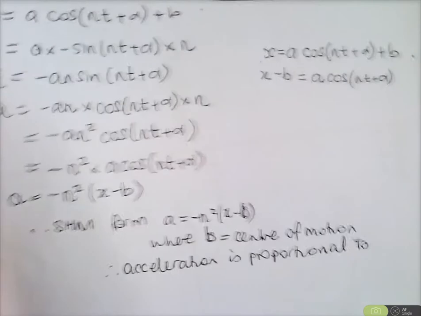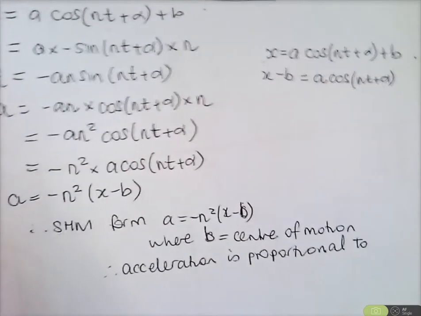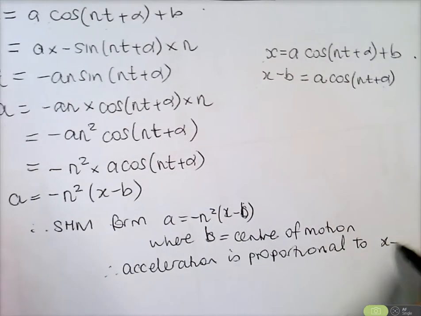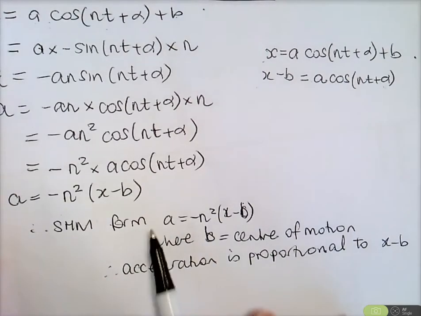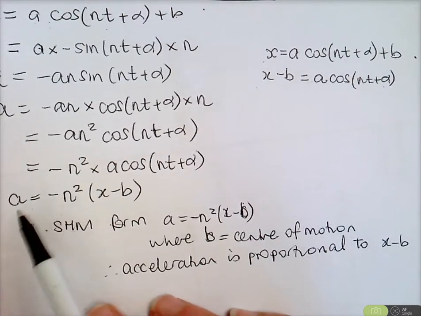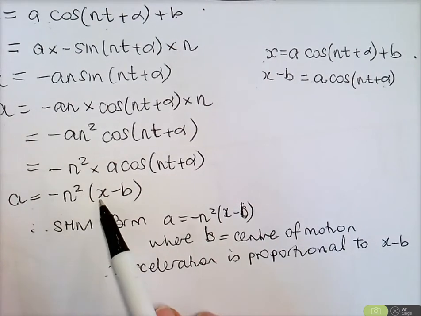So therefore the acceleration is proportional to x minus b. Displacement minus where the centre of motion is. If it's normal simple harmonic motion and there's no shift, it's just acceleration is equal to negative n squared x.